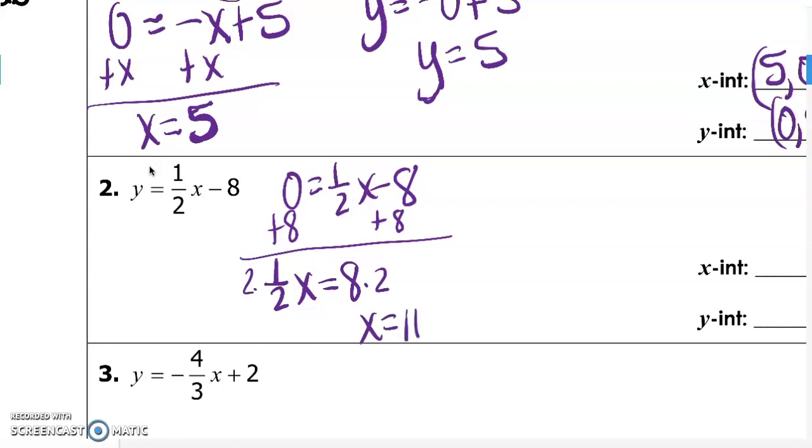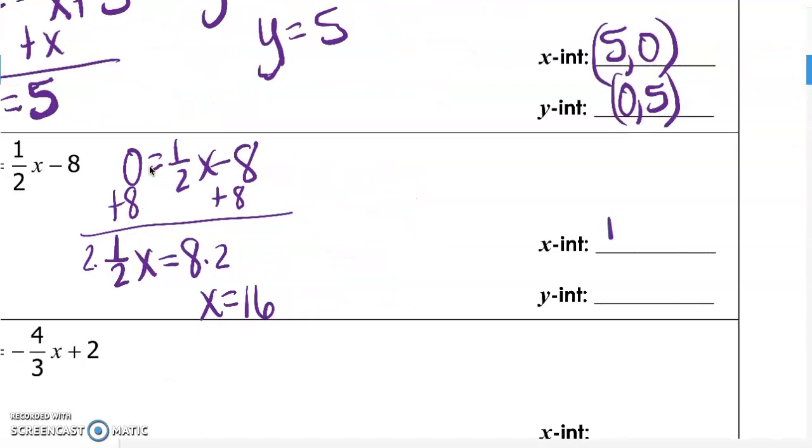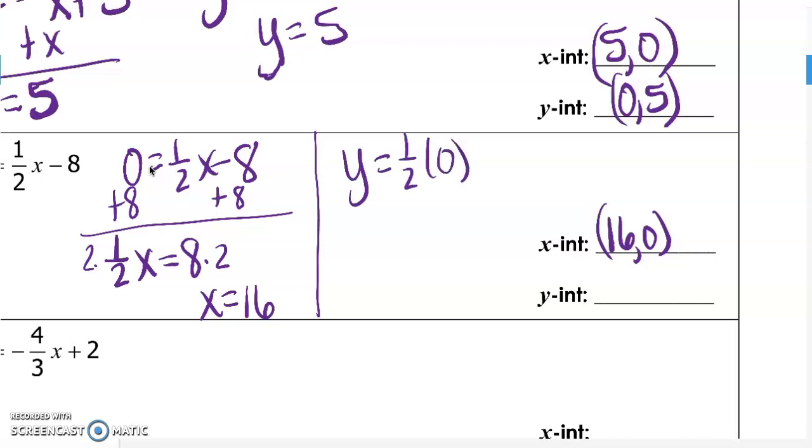So x equals 16. So our ordered pair would be 16, 0. Again, hopefully you can just look at the equation for the y-intercept. If you want to show that you're plugging it in, 1/2 times 0 is 0, minus 8 is -8. So 0, -8 would be your answer there.